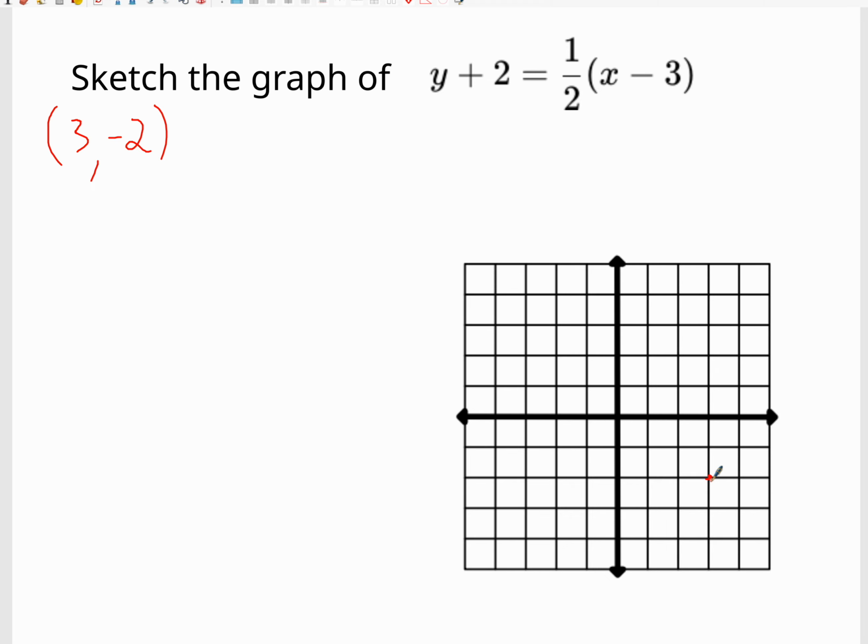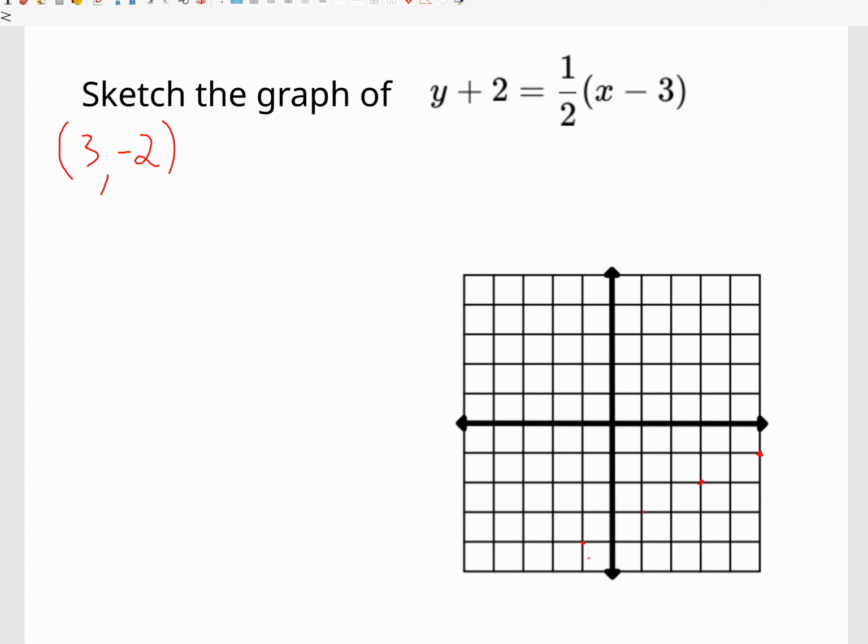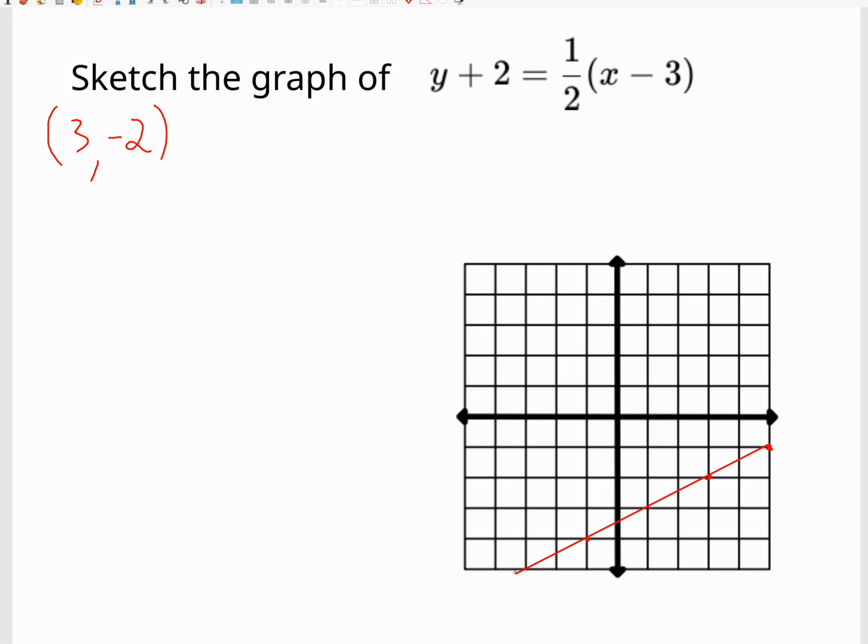Up 1, right 2, or down 1, left 2. And then draw the line. There it is. That's the line that goes with that point slope equation.